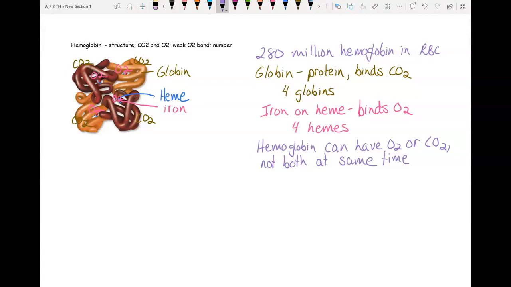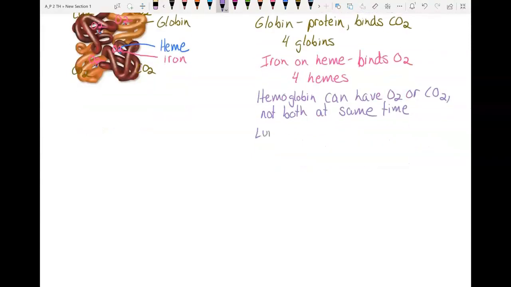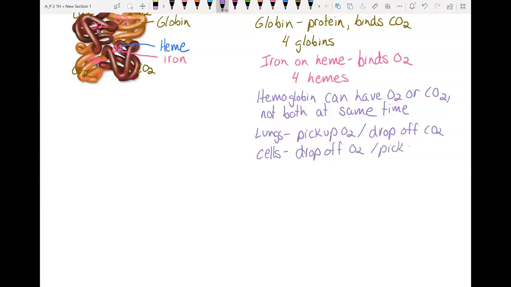But that's okay, because what happens is you go in the lungs and you pick up oxygen and you drop off carbon dioxide. Then you go to your cells and you do the opposite. You drop off the oxygen and you pick up the carbon dioxide. So it doesn't really need to carry both at the same time anyway.